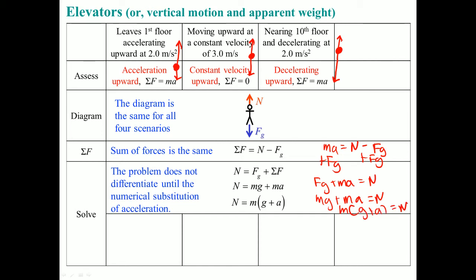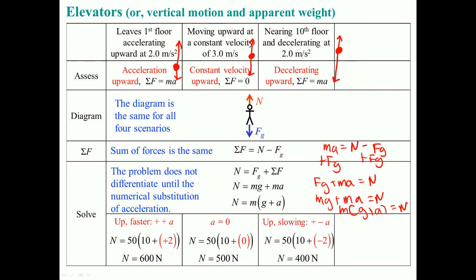All right. So if you are accelerating up, the a, you're going to be adding the 2 meters. So N is equal to 50 times (10 plus 2). If it's stationary, you add 0, so it's the same: 50 times 10. And when it's slowing down, you subtract, which is just 8.